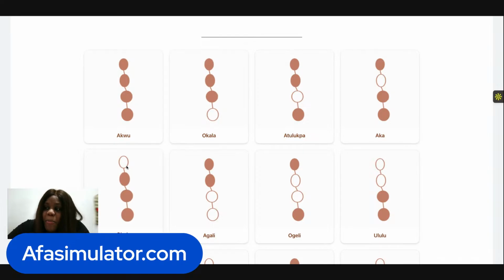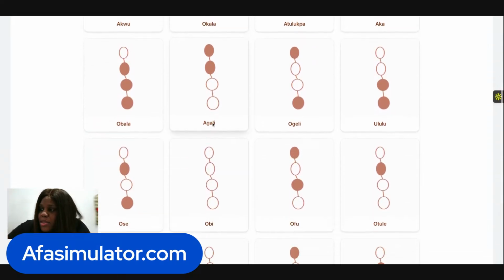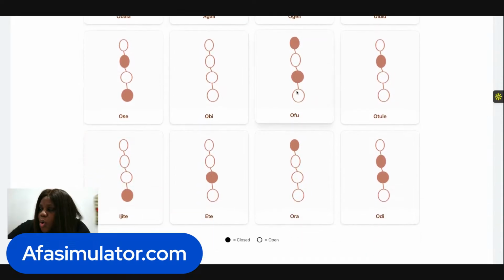So I remember Obala easily, and Okala is just Obala the other way. Let's see, Ofu. I only remember Ofu because it's not intuitive at all, so I don't always remember it.